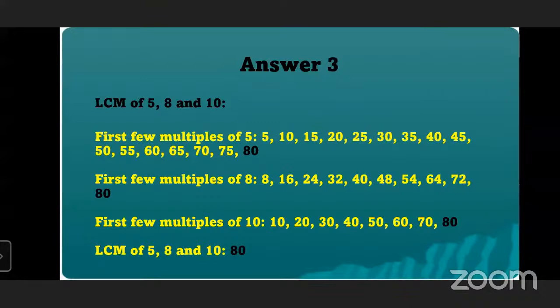Because here, the first common multiple that comes is 40, not 80. Right? In the table of 8, 8 5s are 40. And in the table of 10, 10 4s are 40. So our answer will be 40.